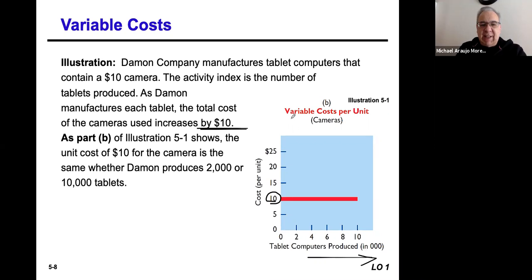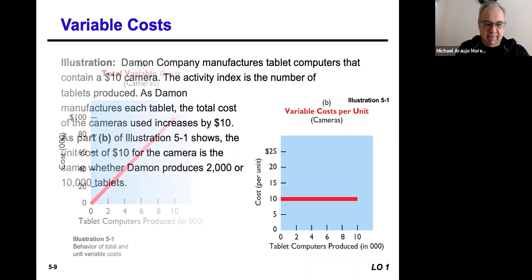So in this case, still 10 bucks per unit, right? Because every single tablet is going to have a $10 camera and no more than a $10 camera. So in that sense, these costs are the same per unit, but they will fluctuate in total with all the units. More units, more cost, less units, less cost.